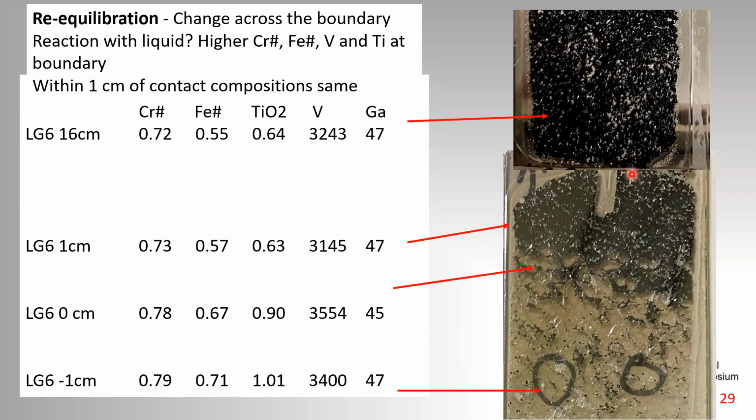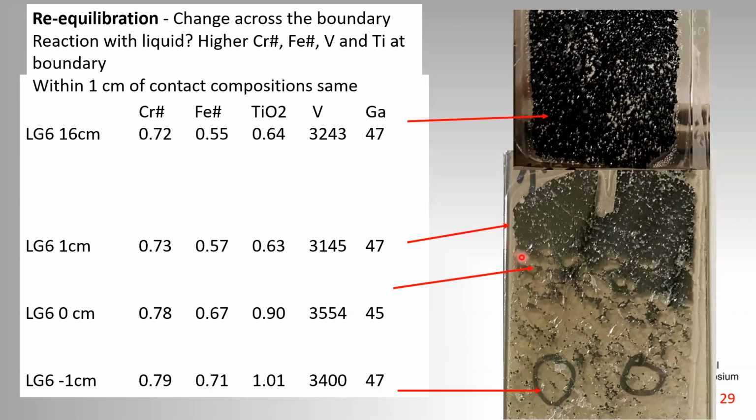Another re-equilibration that you need to worry about is the margin between the bottom of the LG6 and the silicates below the LG6, and now we're going into the LG6 and a little bit further. So 1 centimeter below the bottom, we've got chrome numbers of 0.79 and titanium 1%, vanadium 3,400.